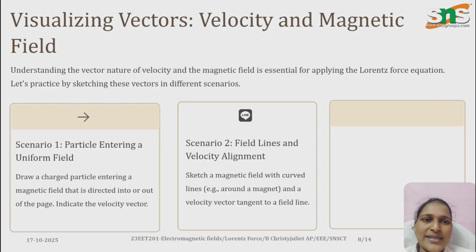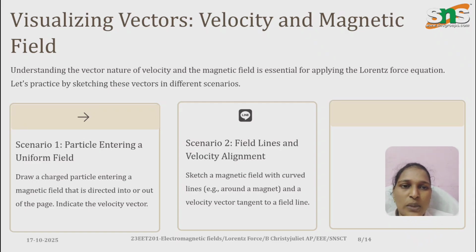Now, in order to understand the vector nature of velocity and magnetic field, we can apply the Lorentz force equation in a practical scenario where a particle is entering a uniform field. You can easily visualize these magnetic force vectors for a particle moving through the field lines.